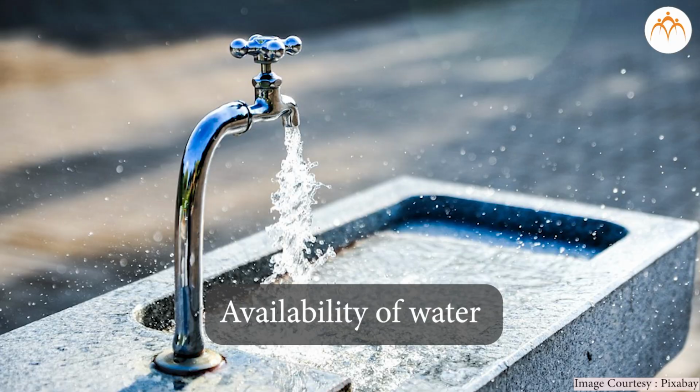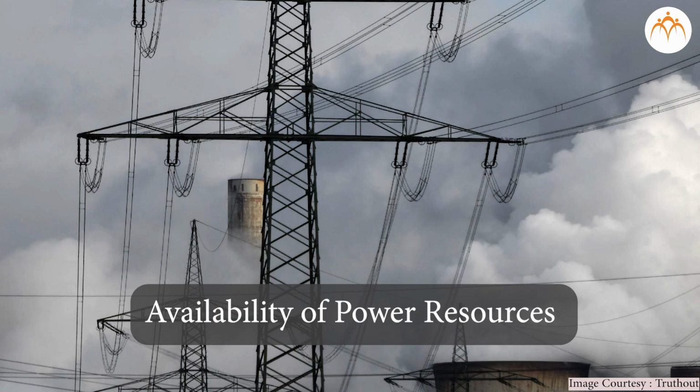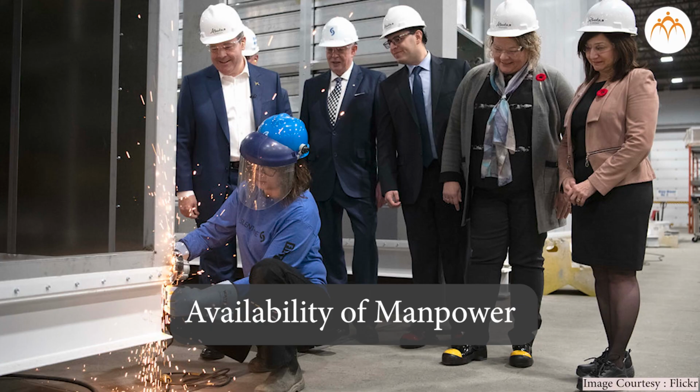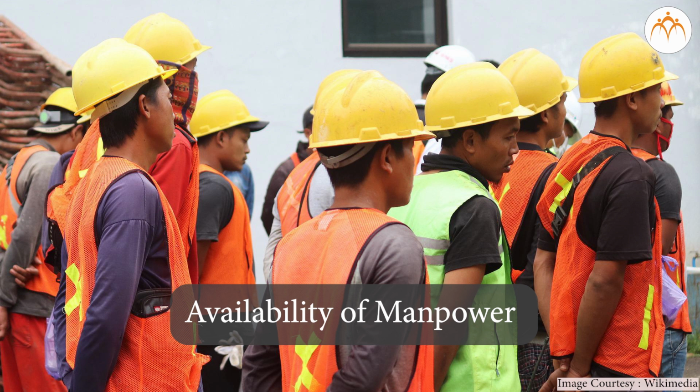Okay, next, Ravi. I think availability of water and power supply to keep the factory or processing plant operational is a very important consideration while setting up any industry. Good. Next, Neeta. Sir, availability of skilled and unskilled manpower to operate and control all machines and equipment in the factory to keep it functioning is an important factor to be considered.